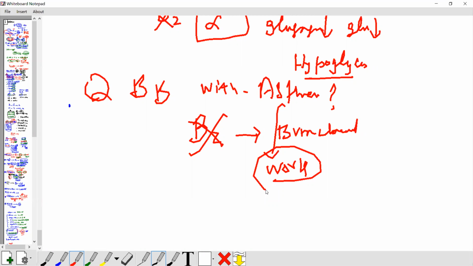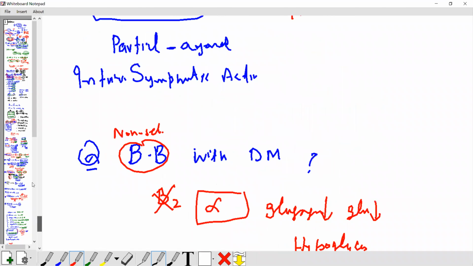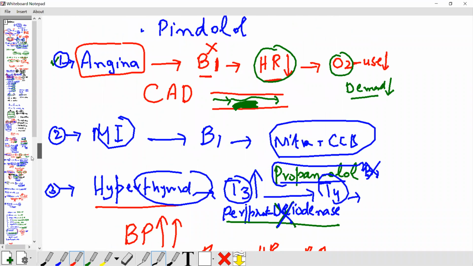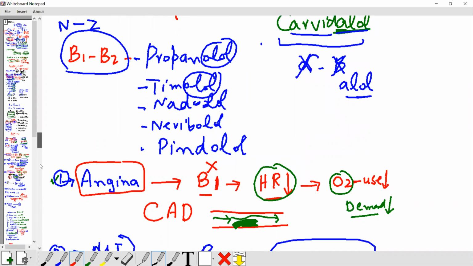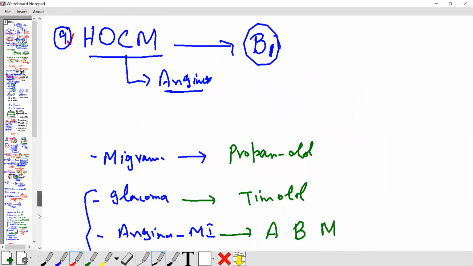So when you use a beta blocker in an asthma patient, first preference is to go for the selective one, but also take precaution. Must take care about the dosing. Understand? So these are all the things about beta blockers.